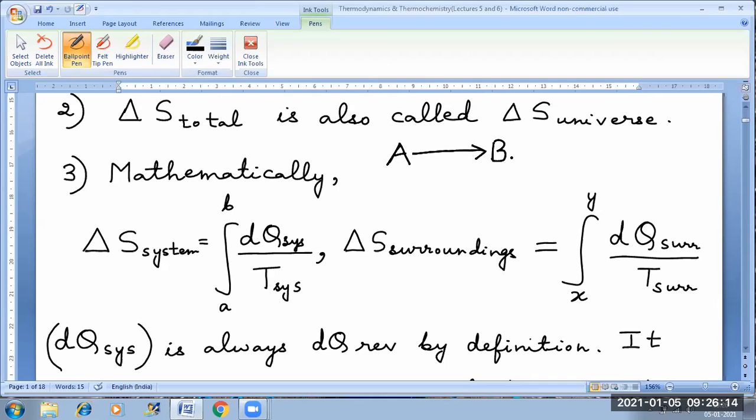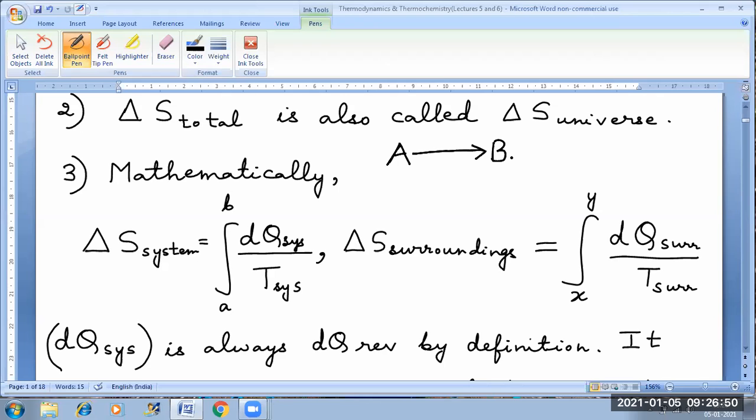But when I'm calculating the value of dq system, as per the definition or as per the rule or convention, strictly I must take into account only and only a reversible process that could exist between state A and state B. So even if the process actually is irreversible, I still have to consider an alternative reversible path between A and B in order to calculate the value of dq reversible.